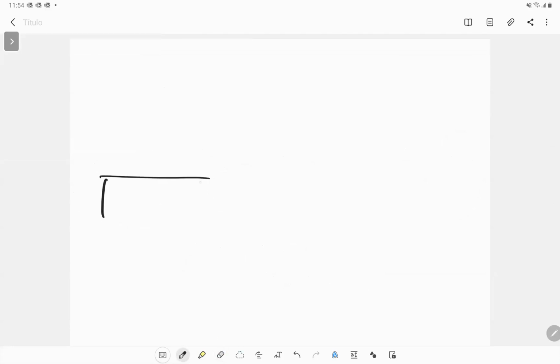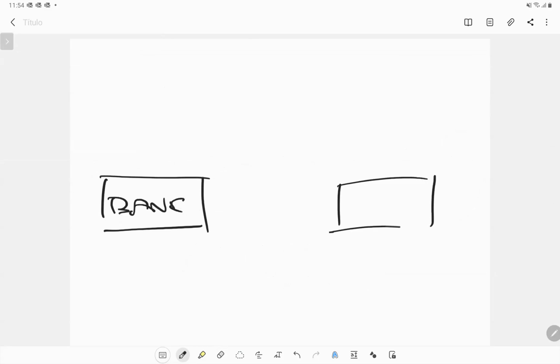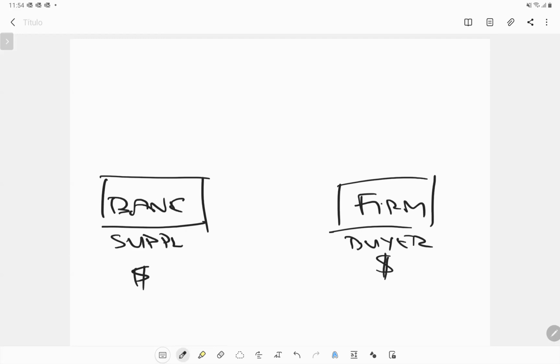Let's not name the bank, but one bank, and we have one firm. The bank in this case is the supplier. What does the bank supply? Cash. The firm is the buyer. What does the firm buy? Cash. Supplier and buyer, and here the product.